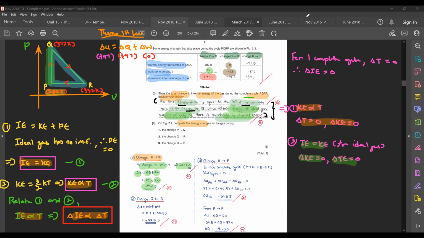So what you could do is you can probably just look at this one and try and put in certain values there. Your thermal energy transfer to gas is 0. Your work done on gas is negative 42.5. So that leaves your internal energy as negative 42.5 in order for the equation to balance. So it must be this one.